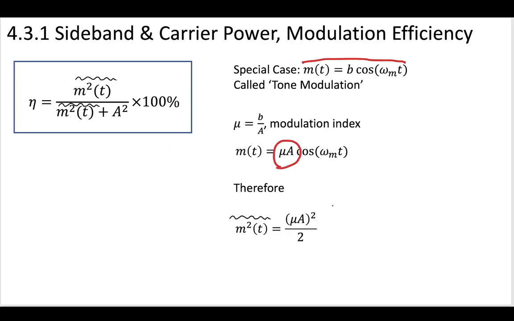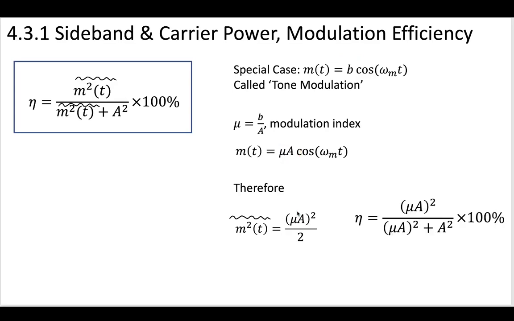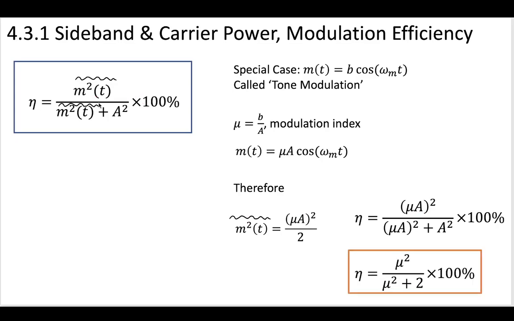So we have a very special case here where we can substitute this message time average power for this amplitude squared over 2. And this means that the efficiency can be rewritten by substituting this mu A term in for all of the places where we saw this message square term.